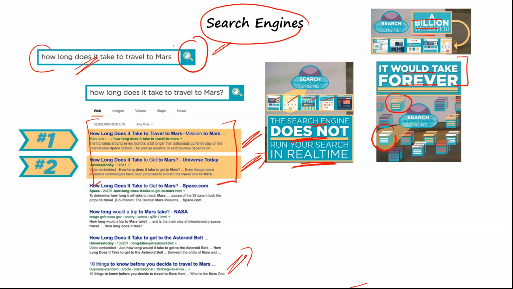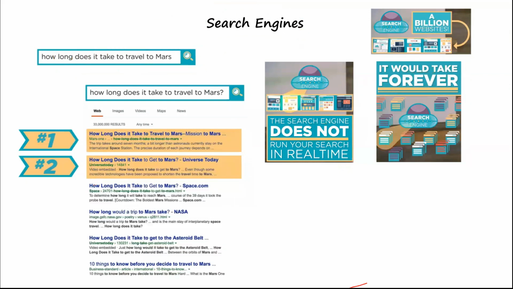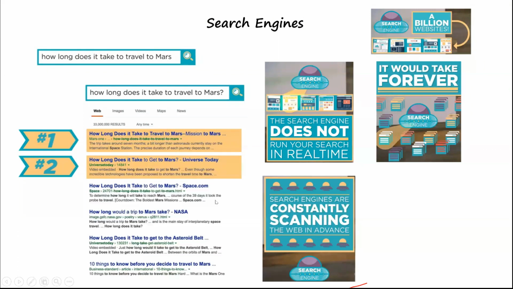For instance, they're constantly searching for information related to keywords like travel, so whenever a user wants to travel, they can provide the answer at that point because they've already searched it beforehand. So we can say the search engine is constantly searching the web in advance.